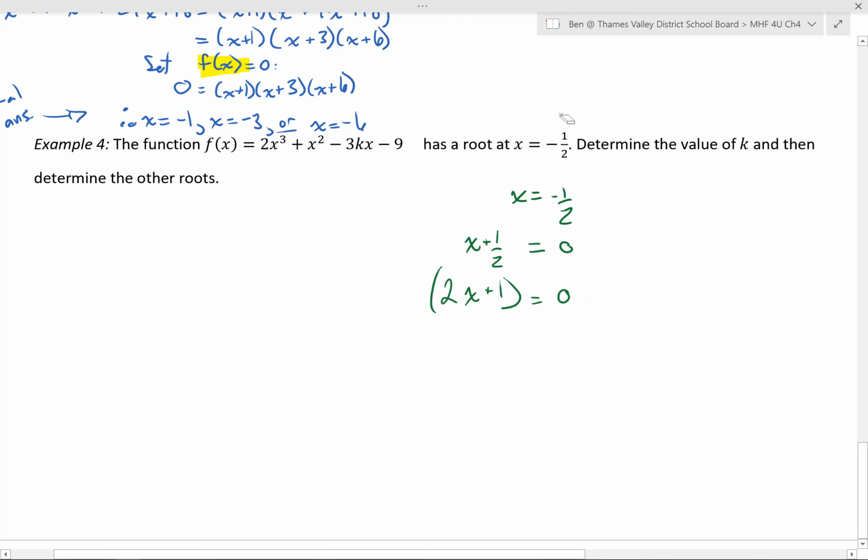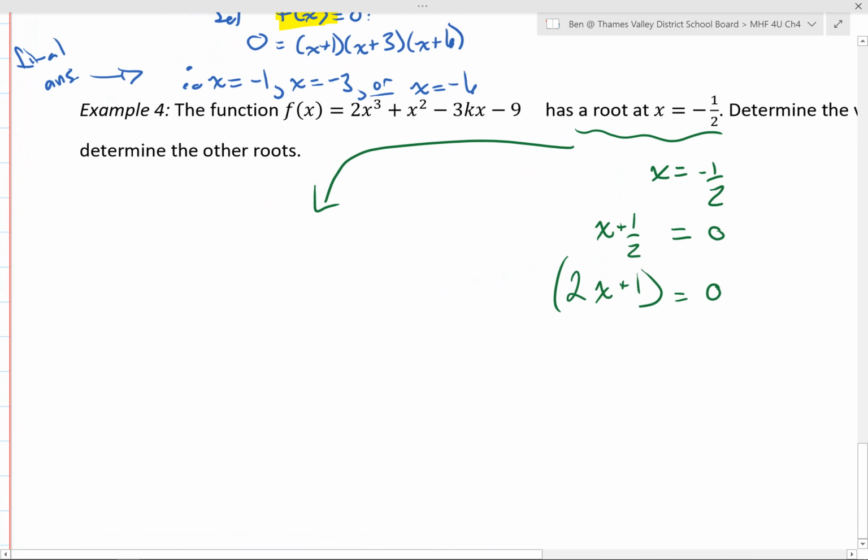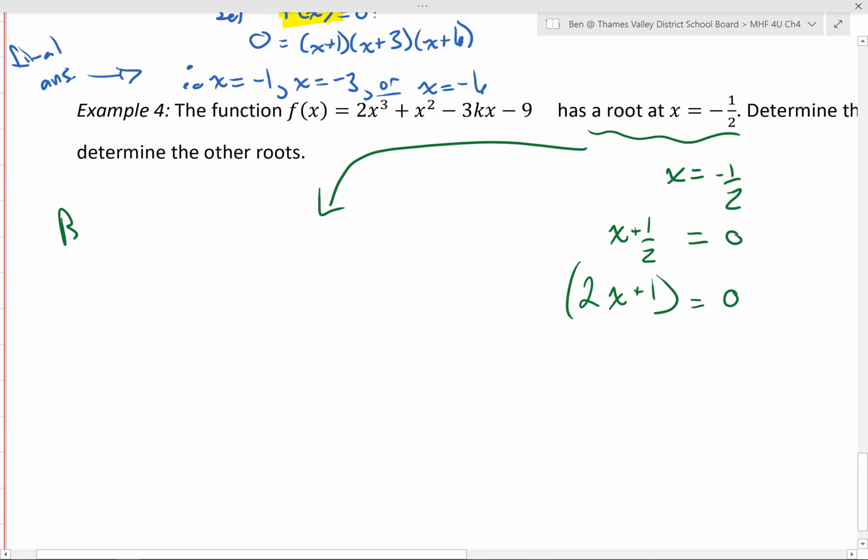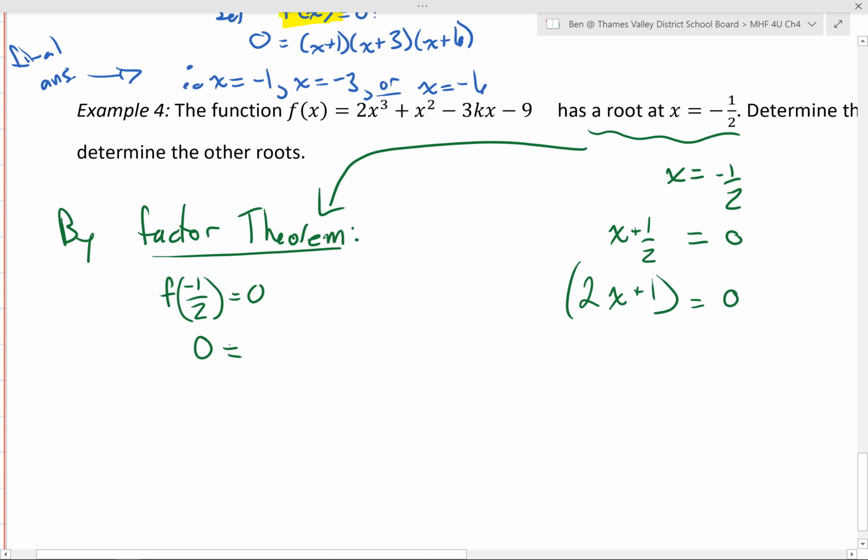Well, we ask ourselves, if it has a root here, we can throw that right into our factor theorem, right? So by our factor theorem, and that means if we use the logic from our factor theorem, then it tells us f at -1/2 equals 0. Easy. Okay, well, f at -1/2, I know what that is.